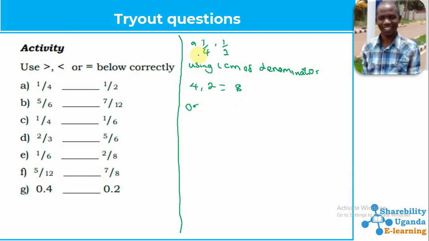Or we can use a factor that can divide 4 and 2. Which factor? You can use a 4. Or, let me write it for you here: get a factor to divide 4 and 2. So using 4, we are going to use 4.